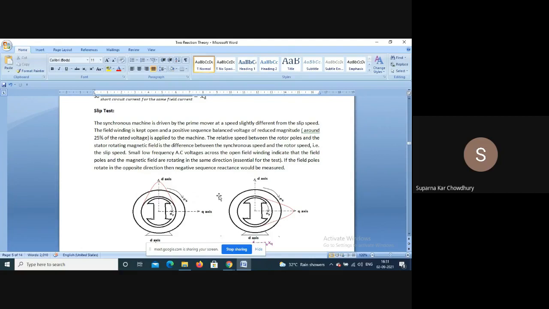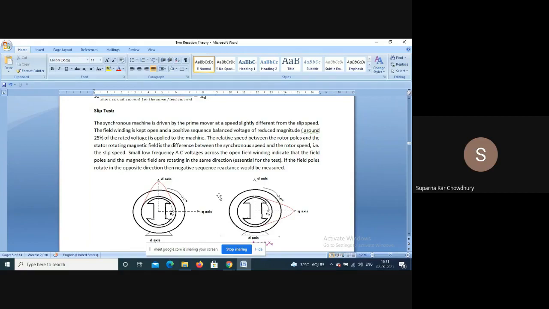The field winding is kept open and a positive sequence reduced voltage is applied to the machine. When we apply a positive sequence voltage to the armature winding, this is a three-phase winding, it will create a rotating magnetic field. The rotating magnetic field will rotate at synchronous speed, and the rotor is being rotated by a prime mover at a speed slightly different from the synchronous speed.